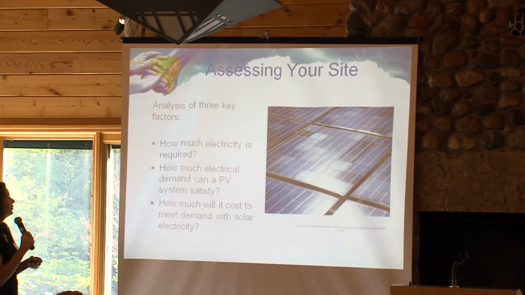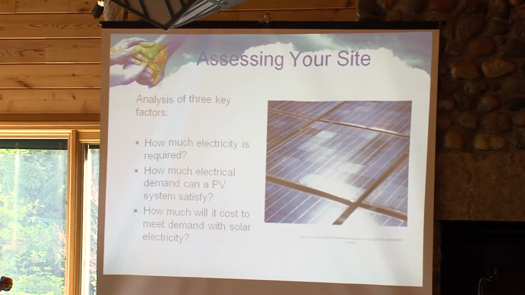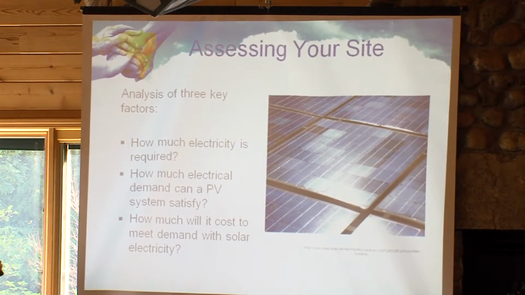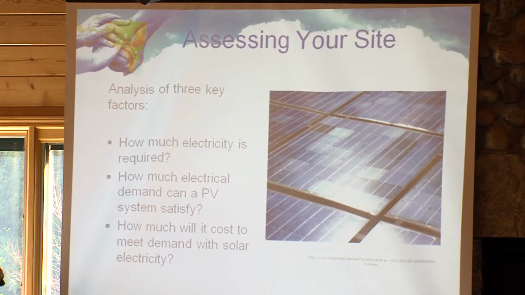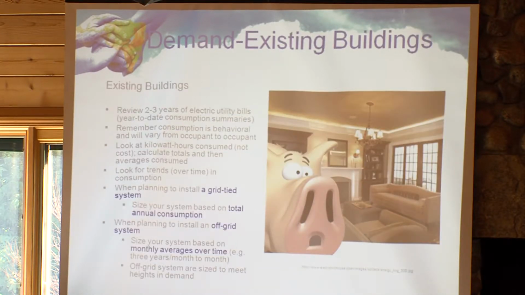So the analysis of 3 key factors when you do your site assessment is: how much electricity is required, how much electrical demand can a PV system satisfy, and how much will it cost to meet the demand with solar electricity. In existing buildings, essentially, what you need to be considering is to look at at least 2 to 3 years of your electrical utility bills. If you don't have them on record, you just call your utility company.